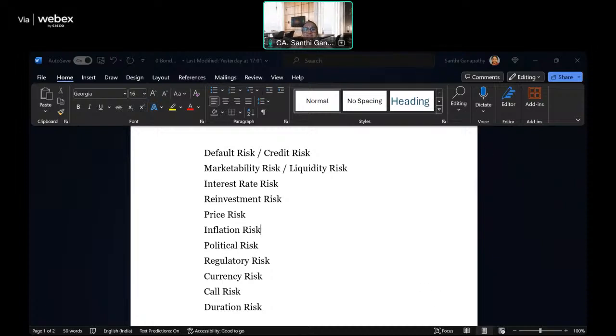Then the next risk which we are interested in is marketability risk or liquidity risk. When a bond investor subscribes for a bond, there is a fixed period after which it will be redeemed. It's quite possible that he would like to exit early. So he is also interested in whether there is marketability, whether there is liquidity.